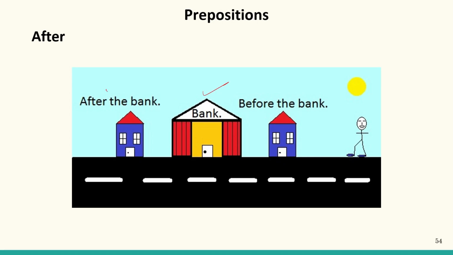Now, this house is after the bank, or this house is before the bank for this boy. Now, this boy is moving towards it. So, this house is before the bank for him, and this house is after the bank for him. So, in this manner, we can use after and before for time as well as for position. After means something over it, ahead of something, and before means behind something.